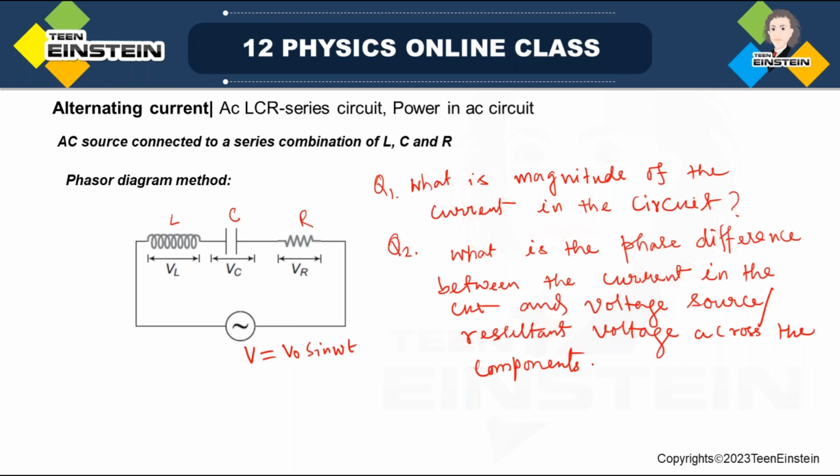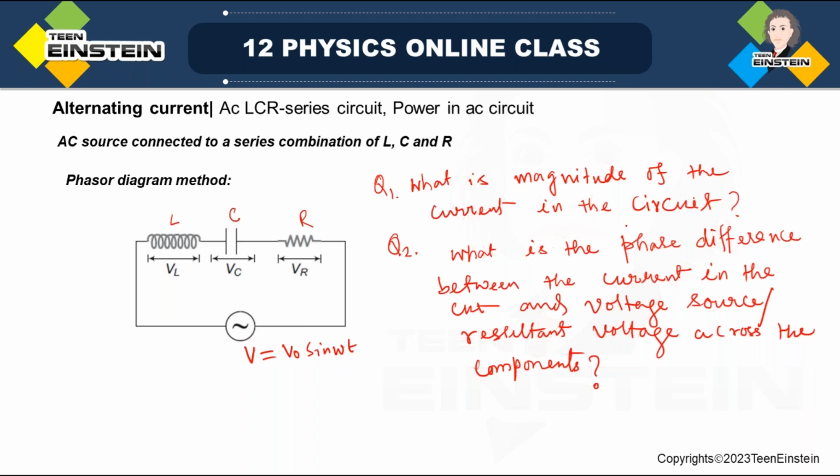Okay, so these are two questions mainly we are going to address: what is the phase difference between voltage and current in the circuit, and what is the magnitude of the current in this circuit?